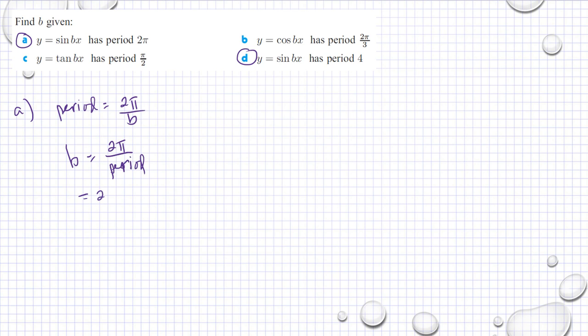So we have 2 pi divided by our period, which is 2 pi. So our B is equal to 1. Okay. For D, B is equal to 2 pi divided by our period, which is 4. Then we have pi divided by 2. That is our B.